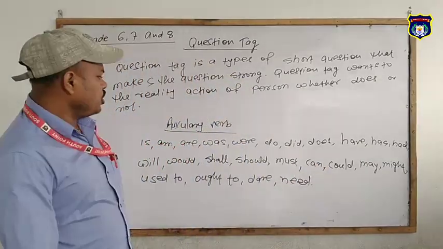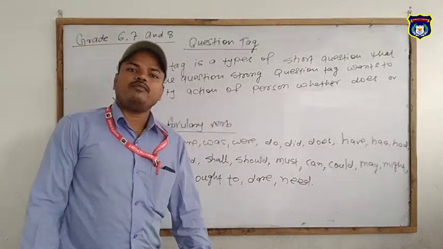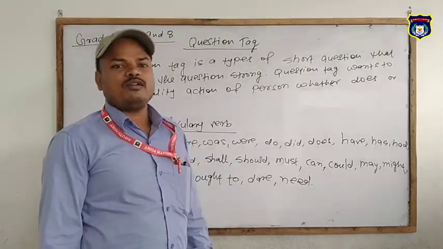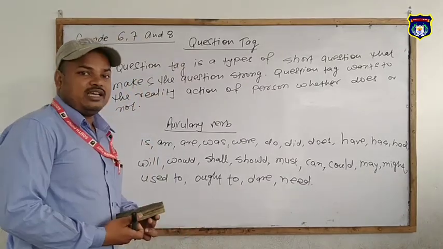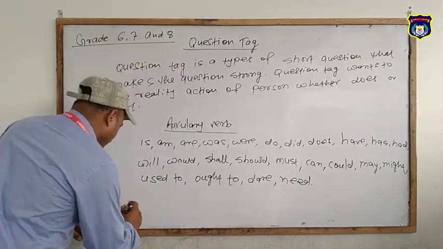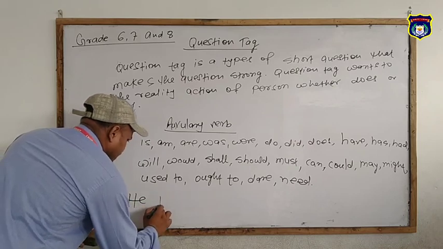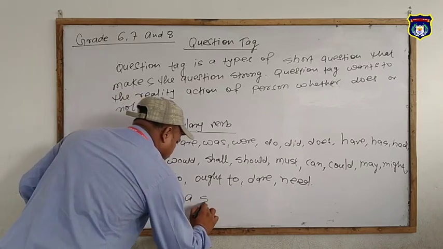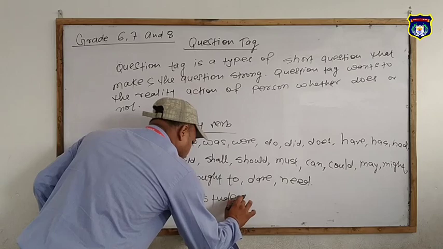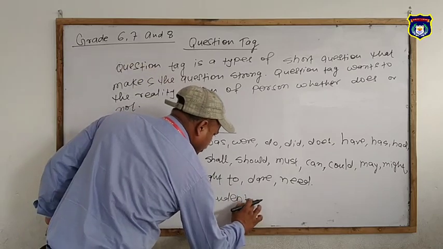So if such types of auxiliary verb are in the sentence, then how to make a question tag? See the example. He is a student.